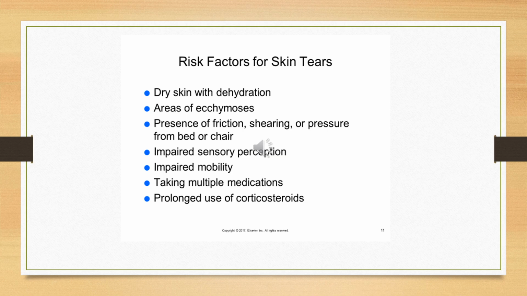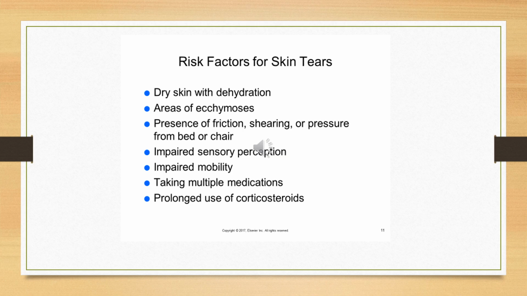But if you have a fragile old individual sitting in a chair for an hour or 2, and maybe they have poor nutrition, are dehydrated, have whatever comorbidities, different things going on, they sit in that chair for an hour or two, then they're going to develop a pressure ulcer. So depending on what types of things are going on with a person, they can be more at risk for developing pressure ulcers.